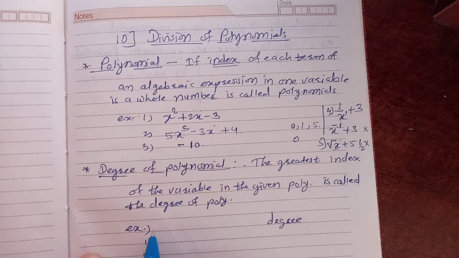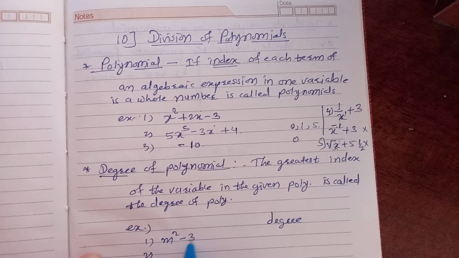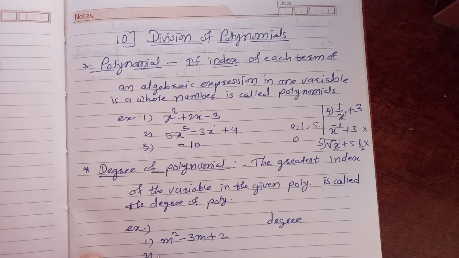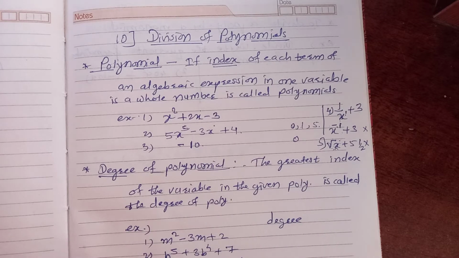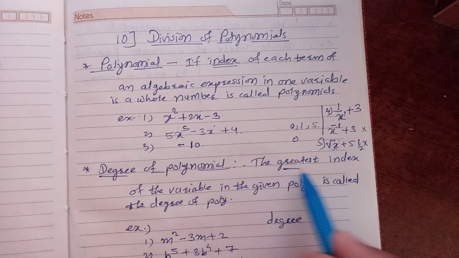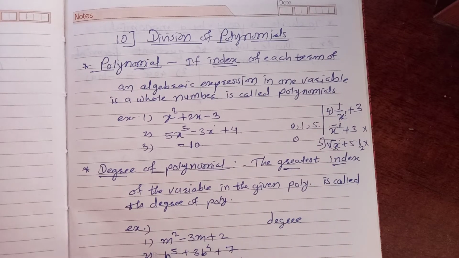For example, I have written three examples: m square minus 3m plus 2; b raised to 5 plus 3b raised to 4 plus 7; and third, x cube plus x raised to 5 minus 3x raised to 4 plus 10. So what is the definition of degree of a polynomial? The greatest index, meaning in the whole polynomial, which power is greatest.